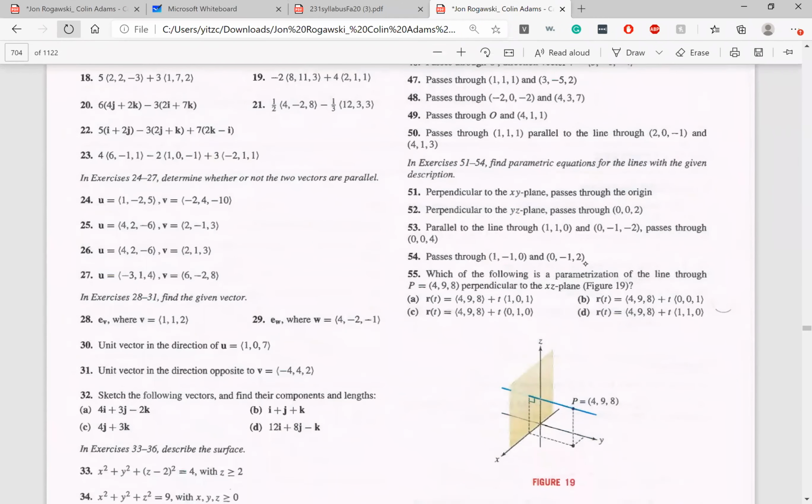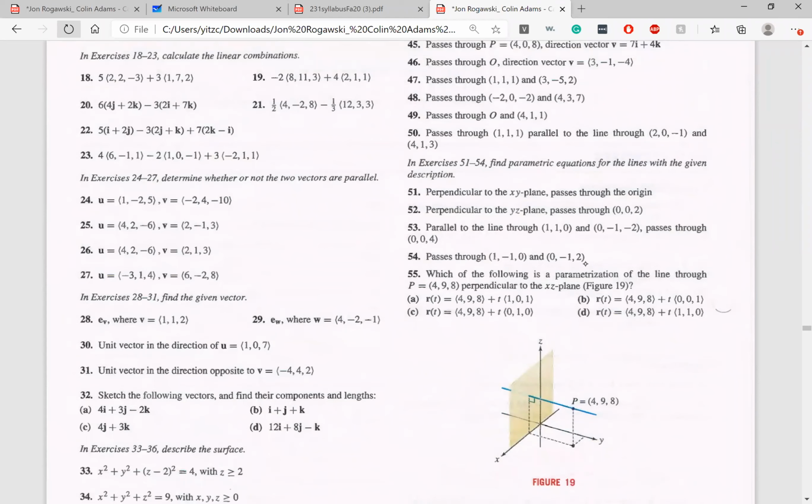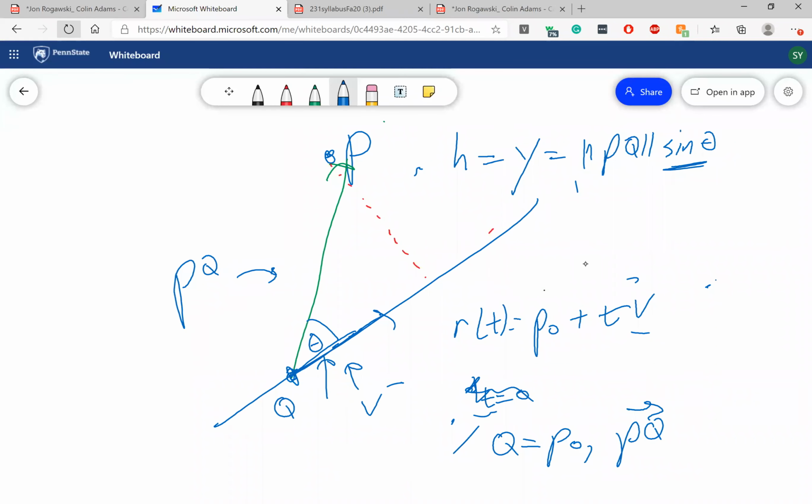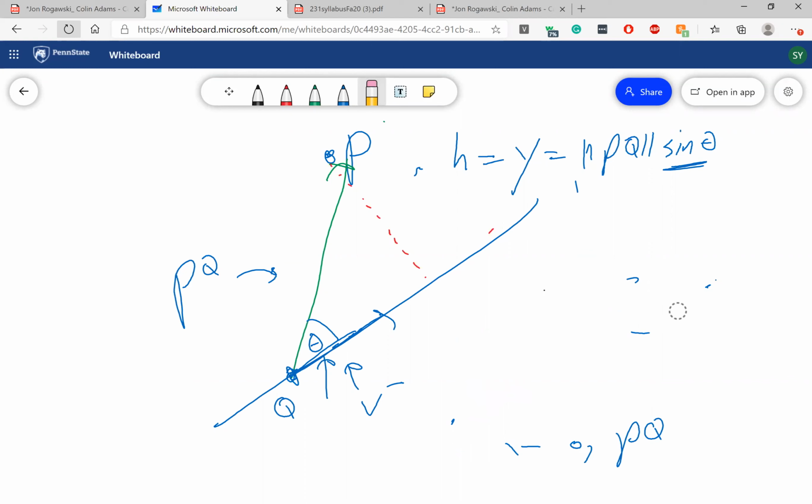Professor, you said we can use cross product to find the distance between the point and the line. Can you go over quickly how you do that? Yeah, so we're trying to find h, and h is the magnitude of PQ times sine of theta.